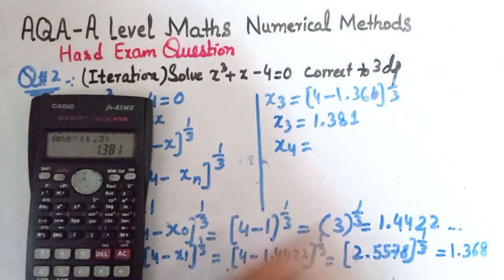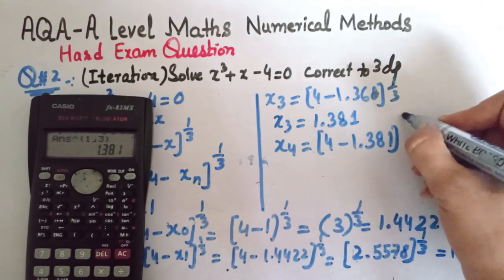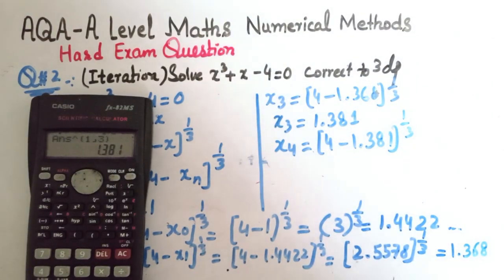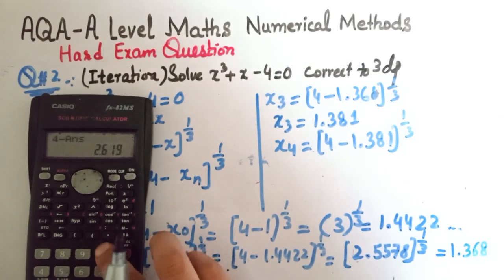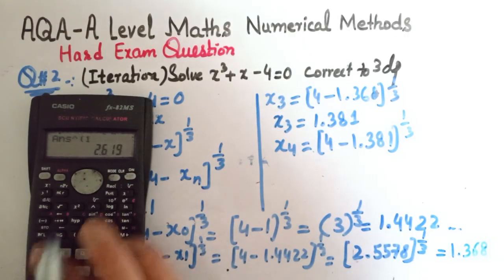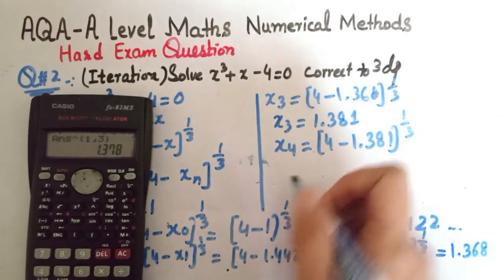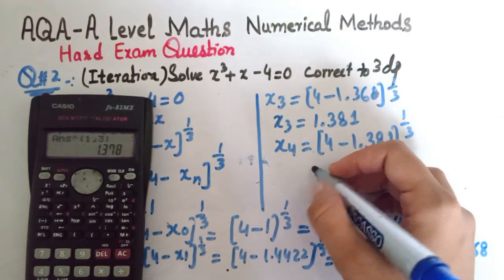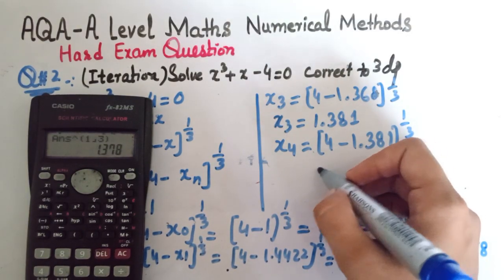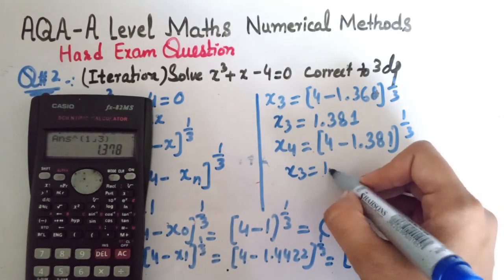So what will be the answer? 4 minus 1.381, its power is 1 by 3. Again solve this: 4 minus answer, then take its power 1 by 3. We get 1.37, so when rounded off, it becomes 1.378.